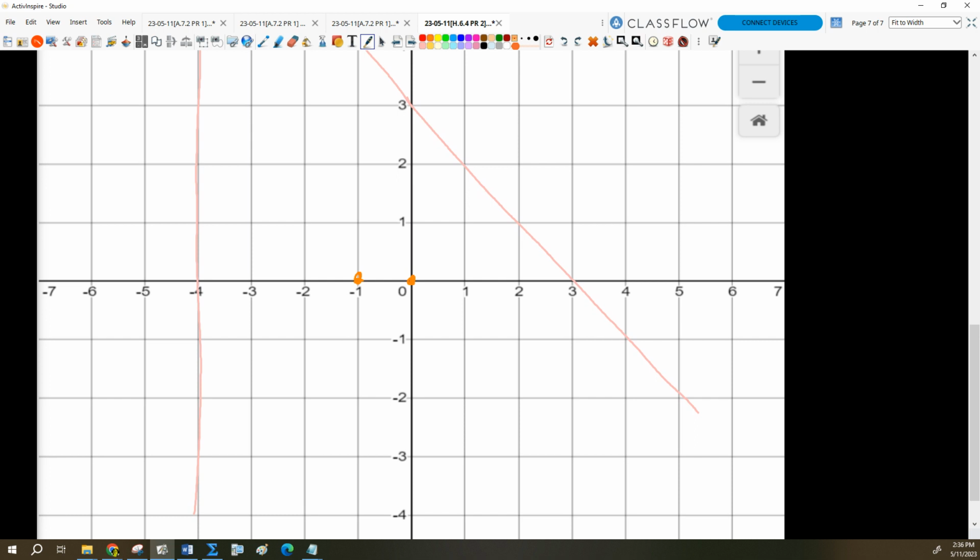Well, okay, but it can't be crossing through that asymptote. Okay, but if I go through like this, then I'm going to cross that asymptote. That's not it. Yeah, that's all it is.